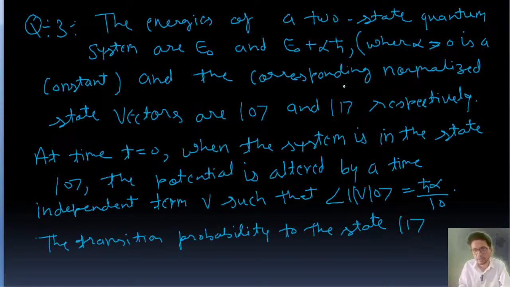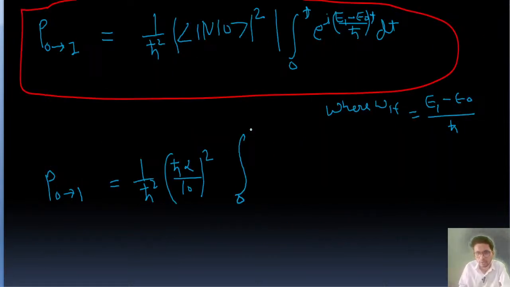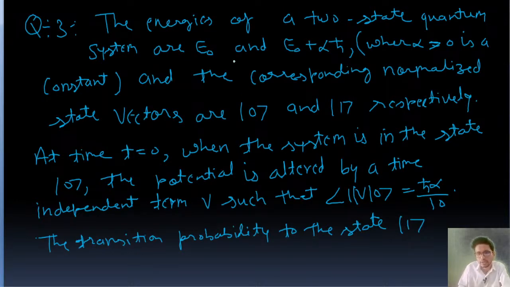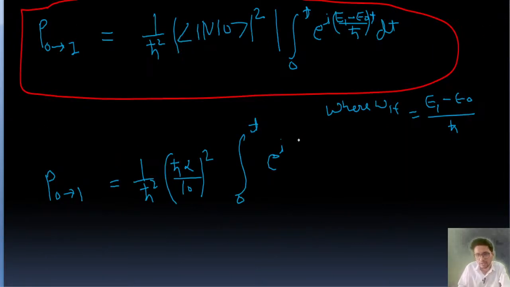Then integration from 0 to t of e to the power iota, and E1 minus E naught, since E1 is E naught plus alpha h cut, is going to be alpha h cut, so iota alpha h cut upon h cut t dt, and this is mod square.